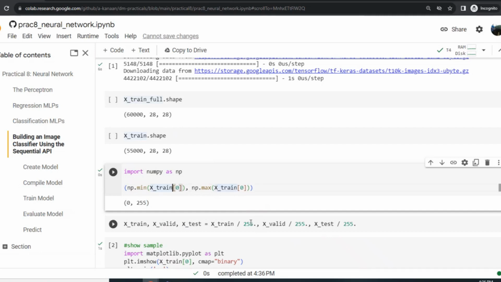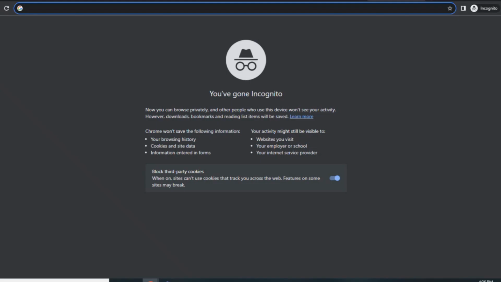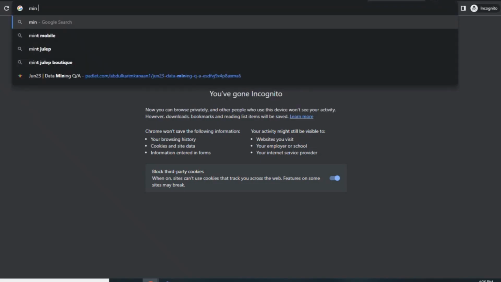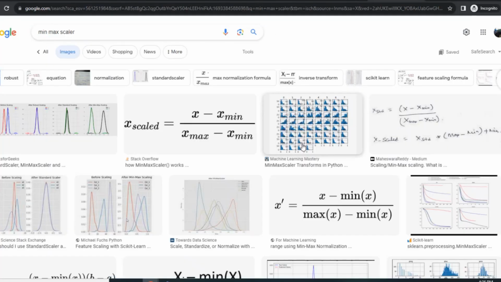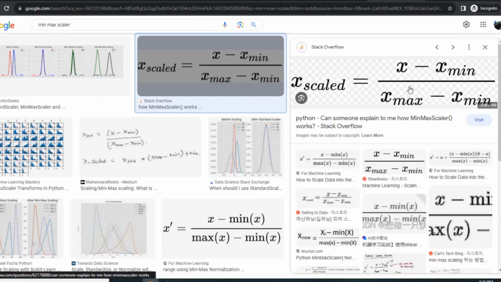But why do we divide by 255? Maybe it's related to this value. Do you remember when we studied feature scaling? There was one scaler called min-max scaler. What was the equation for min-max? You take each value, as a pixel, and subtract x-min, which is 0. We already know the minimum value for any pixel is 0.